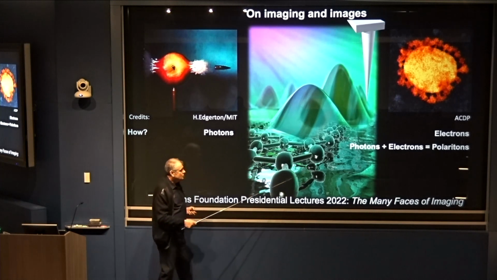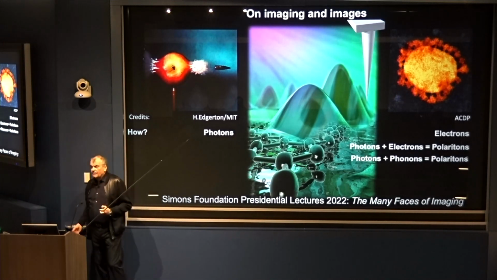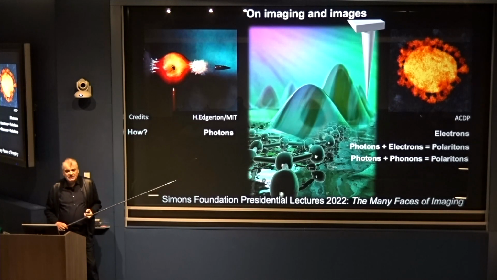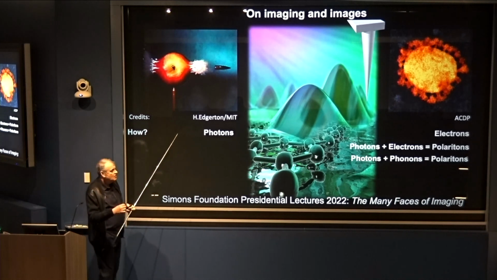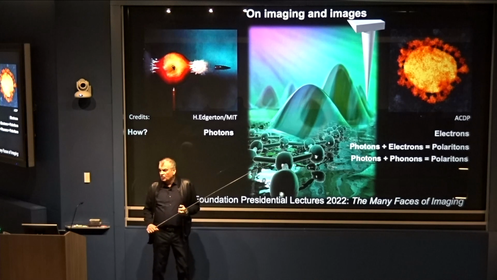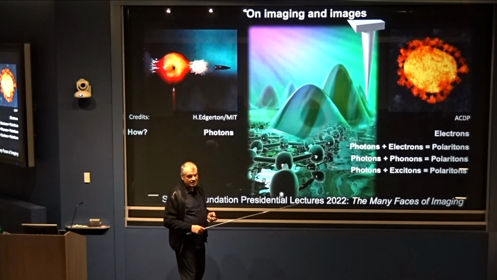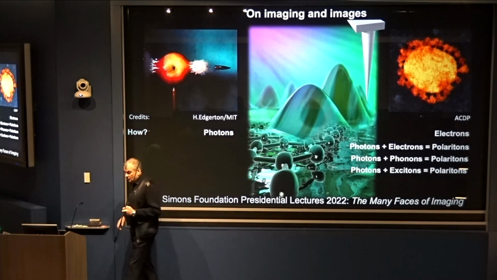These do not need to be electrons. Any dipole active excitation in a material, like phonons, which are oscillations of the lattice, or excitons, which are electron-hole pairs, also form polaritons under certain circumstances.